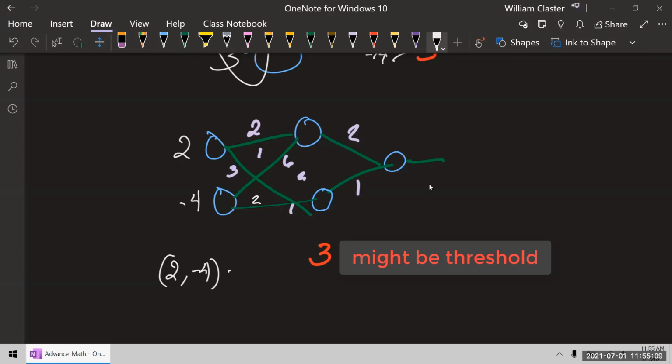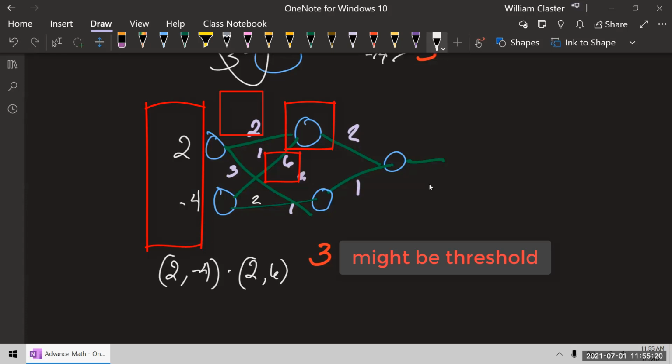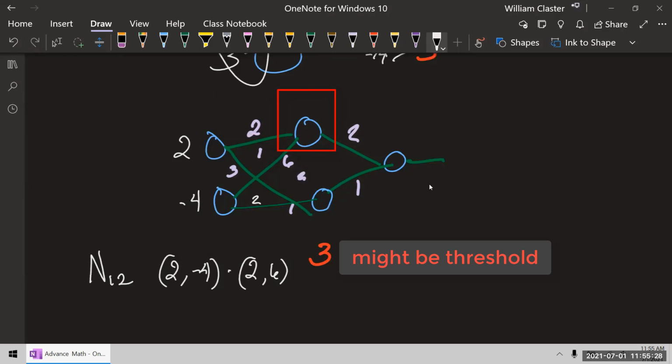For this one, we're going to have 2, -4 and 2, 6. That's going to be for the first node in the second layer. And then for node 2 in the second layer, I have what?